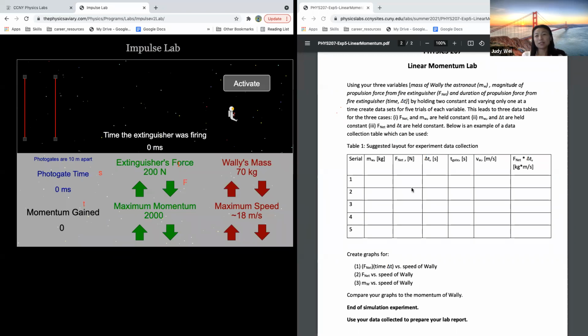Then we keep this time in this column, and then we decrease the extinguisher's force. Okay, start. Let's see how long. Okay. Oh, what happened? Did I click twice?